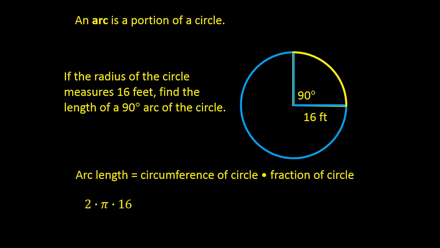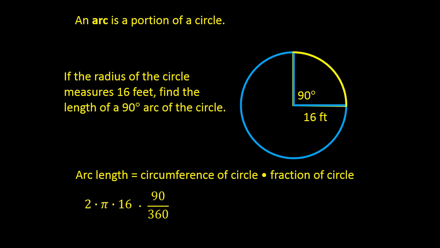And the fraction of the circle we can find by thinking about that 90-degree angle that we are using to form the arc. That's a 90-degree angle out of the 360 degrees that it would take to rotate around the entire circle's circumference.